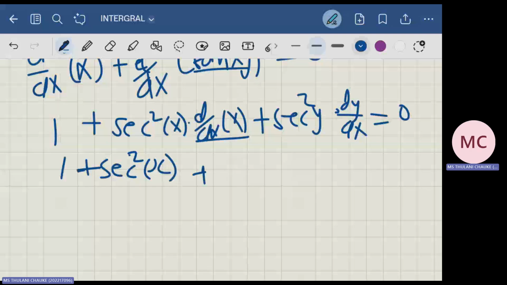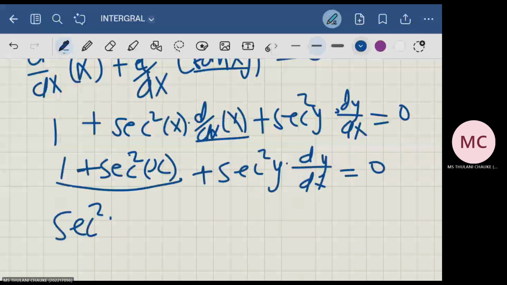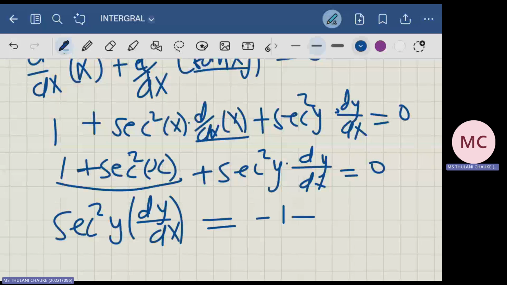Then I can say 1 plus sec squared x, then this one will be 1 plus sec squared y dy over dx. And I'll take this 1 plus sec squared x to the left. We'll have negative 1 minus sec squared x.